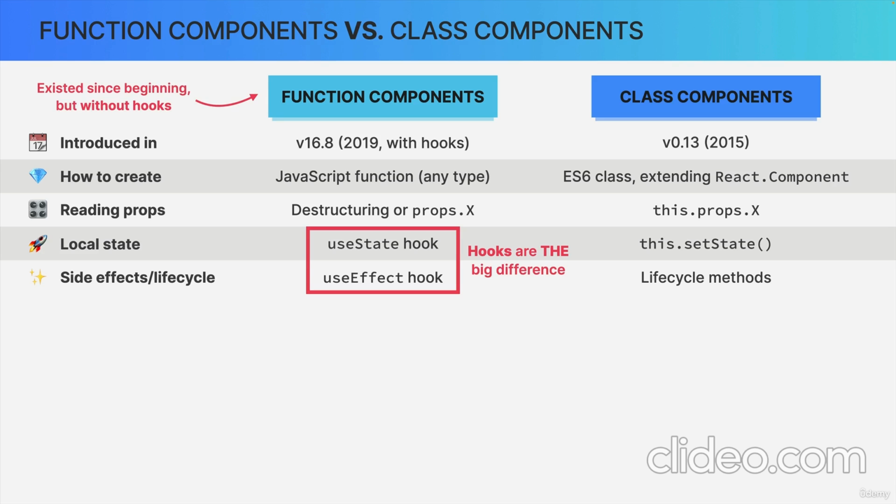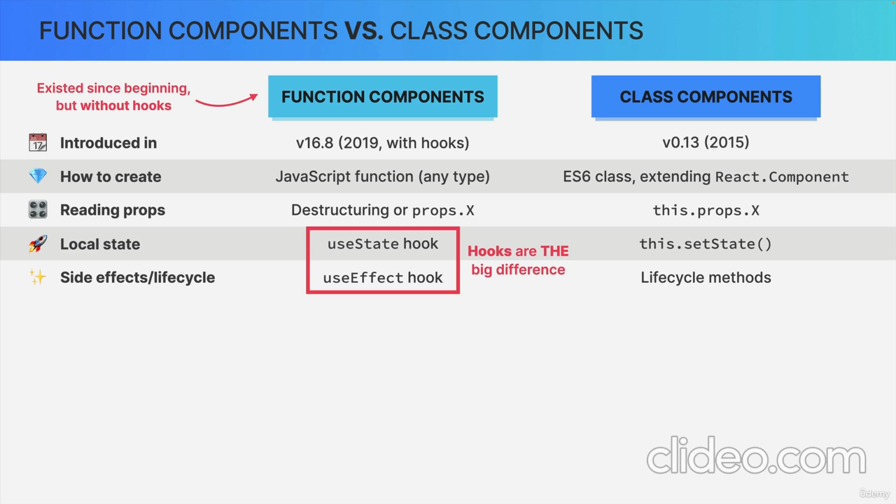Hooks just introduced a completely new way of thinking and of writing React applications. So the day that hooks were introduced, React development really changed forever. And if you ask me, it actually changed for a lot better.